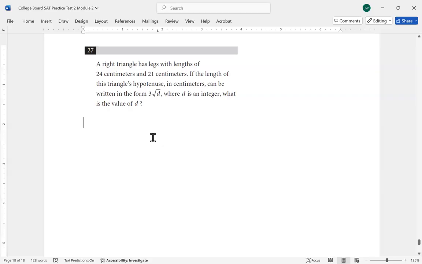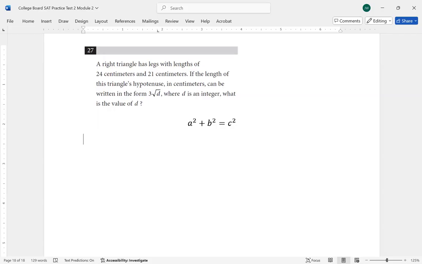Now, in this problem, there's a couple of different ways you can do it, but probably the most obvious way is to say, since we have a right triangle, and I'm talking about the lengths of the legs and the length of the hypotenuse, I'm going to be using the Pythagorean theorem, which says that the lengths of the legs squared and added up has to be the length of the hypotenuse squared.